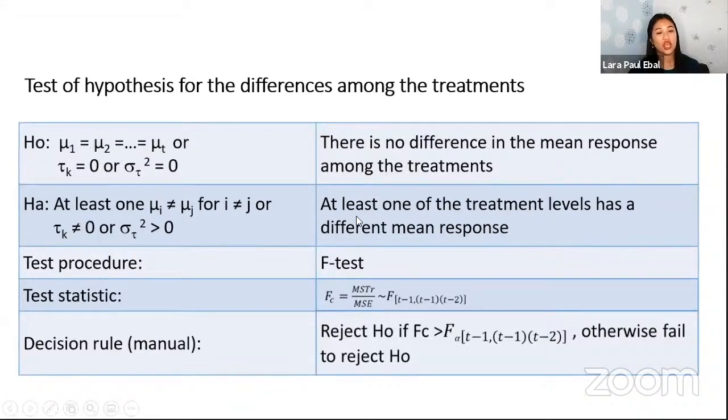And then for the HA, at least one of the treatment levels has a different mean response. Then the test procedure, again, F test, assuming that the assumptions are satisfied. The F test has this ratio; take note, the numerator here is for the treatment. Reject H0 if the F computed is greater than the F tabulated, or we can use the p-value.